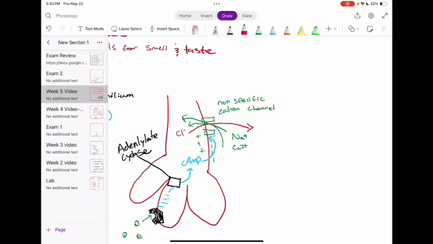Instead, it creates a graded potential. Many graded potentials, which eventually will reach threshold and have an action potential, but it's through a different process that allows us to do that. So we mainly just focus and call it just a graded potential.